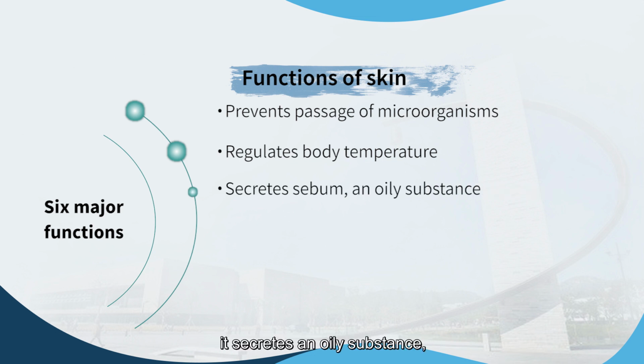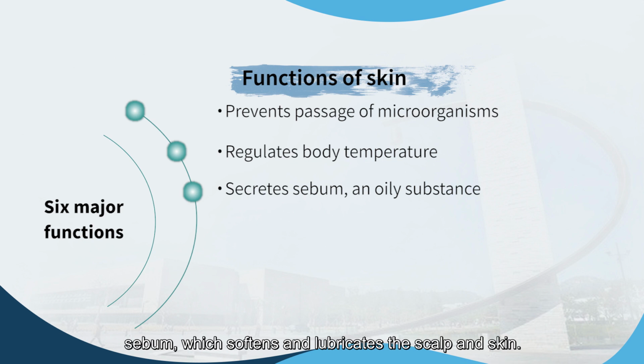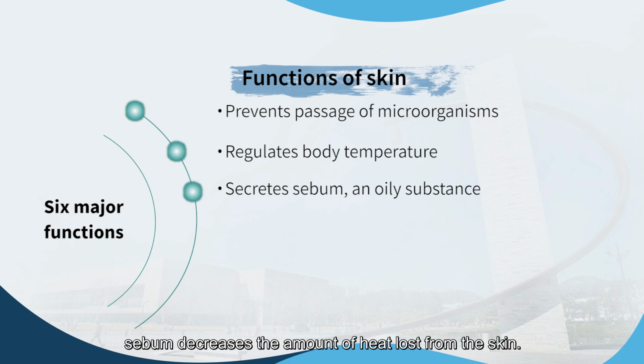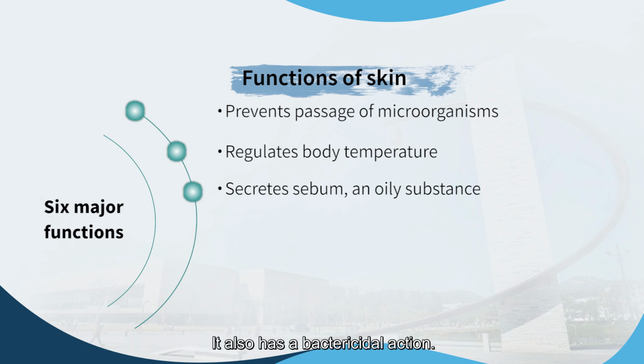And third, it secretes an oily substance, sebum, which softens and lubricates the scalp and skin. Sebum also reduces water loss from the skin. Because fat is a poor heat conductor, sebum decreases the amount of heat loss from the skin. It also has a bactericidal action.